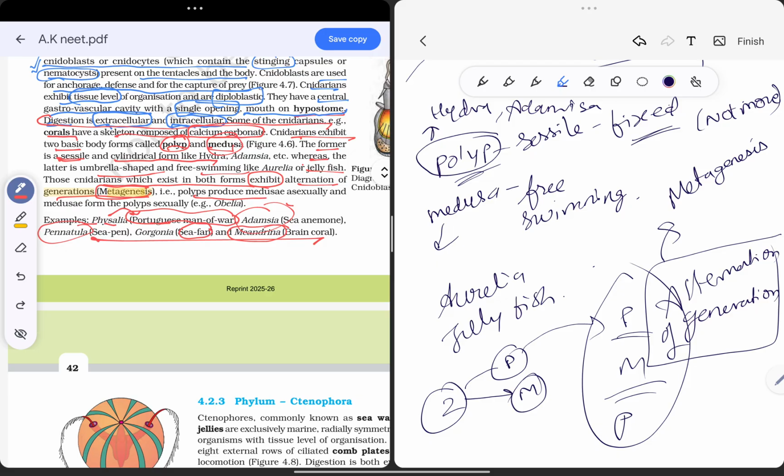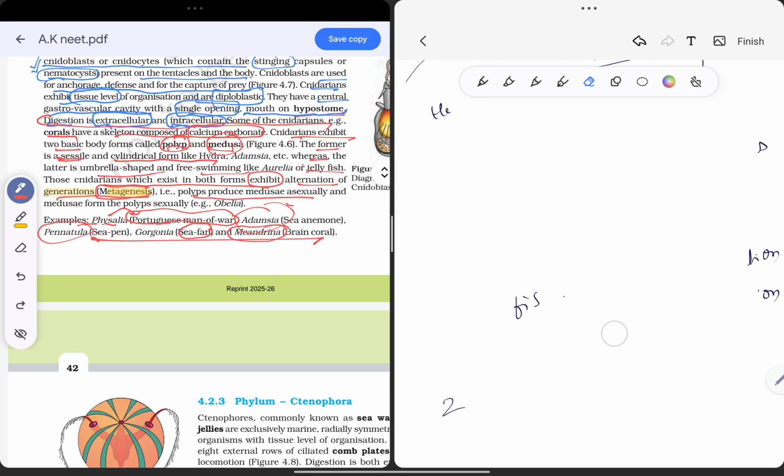Next, polyps produce medusa asexually. It's a very important point. I'll tell you a shortcut. P to M happens asexually. If there is a polyp form and it converts into medusa form, it happens asexually.